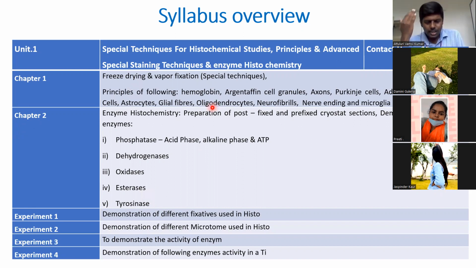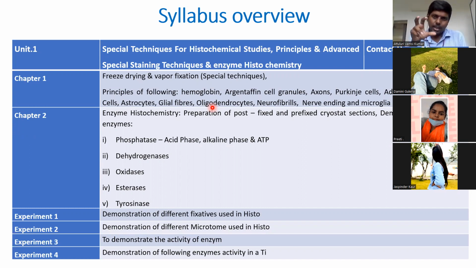There are many cells in the central nervous system, and usually those neuronal enzymatic activities and neuronal proteins can be detected with the help of either enzyme histochemistry or immunohistochemistry. That is why they first kept the target tissues in your syllabus: how to detect various types of neurons and CNS components, using either enzyme histochemistry or immunohistochemistry. That is how the syllabus has been framed.